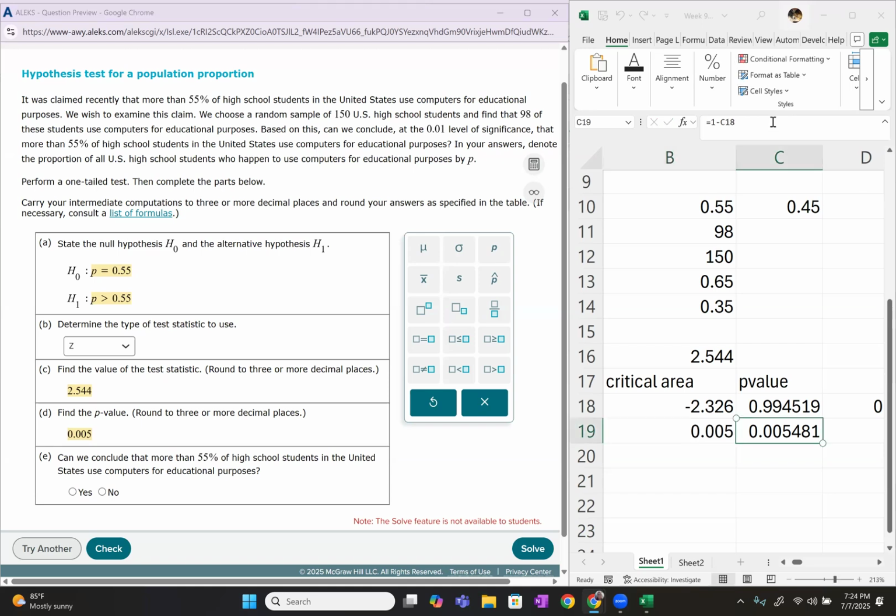We're going to compare that to 0.01. Was it 0.01? Yeah, 0.01. Which is a very small alpha value. So is 0.005 less than 0.01? Yes.